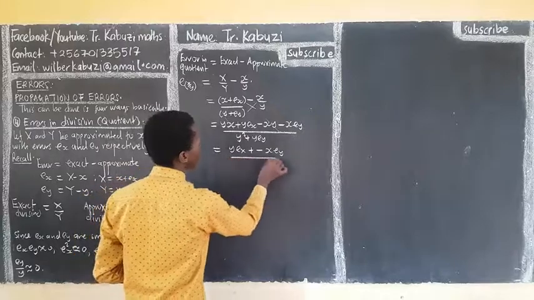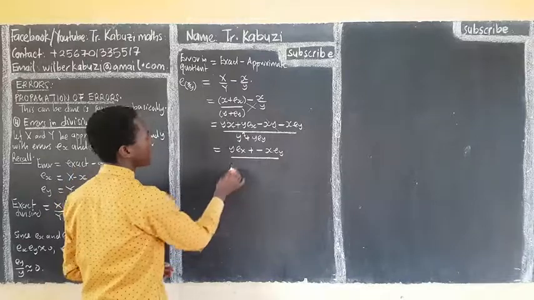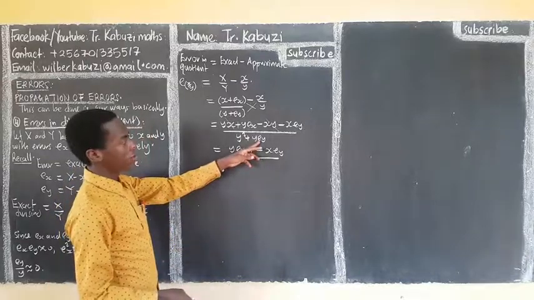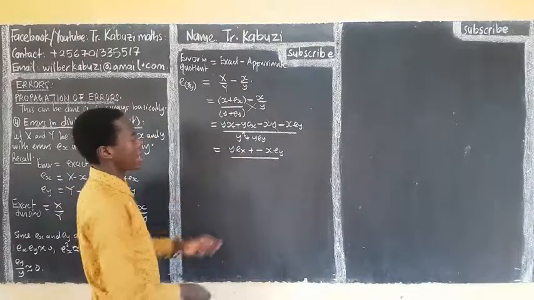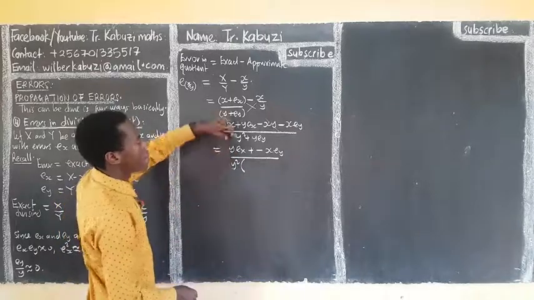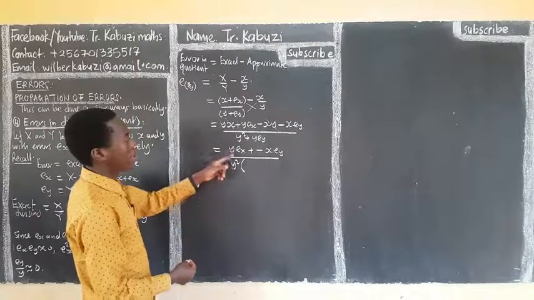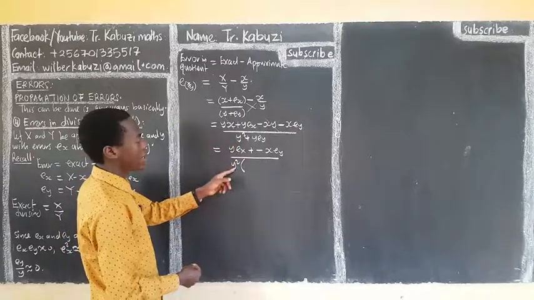Now all over, if I factorize out y squared, because I want to remove this, how am I going to remove this? By dividing with y here. So if I factorize out y squared, I divide now by y squared. What you factorize out is what you divide with. So when I factorize out this, I divide with the same thing here.